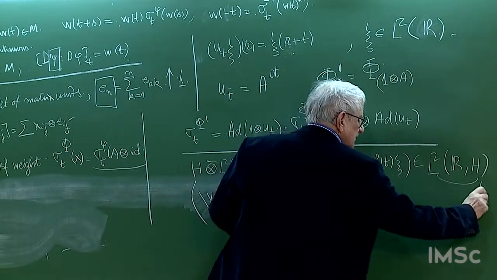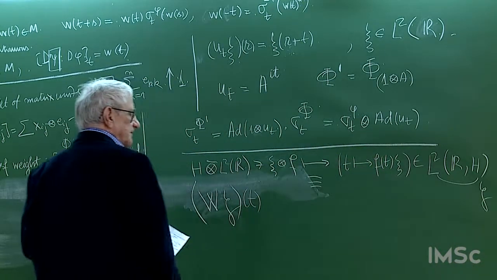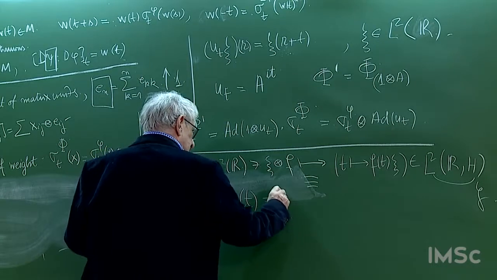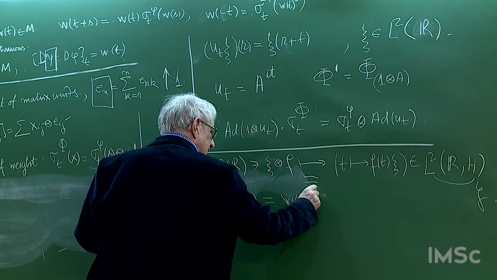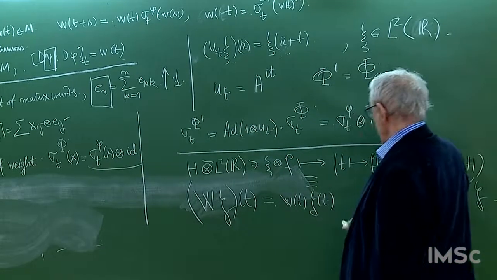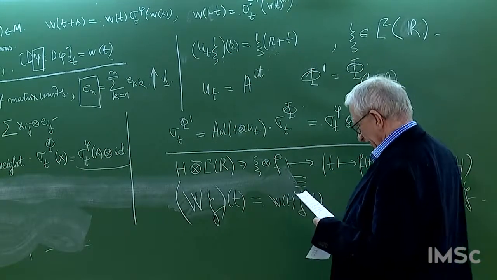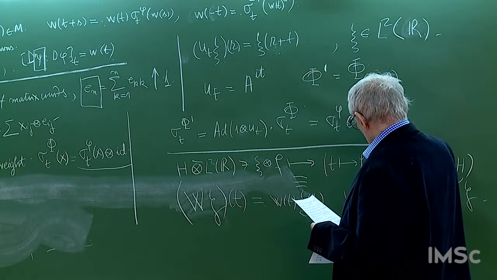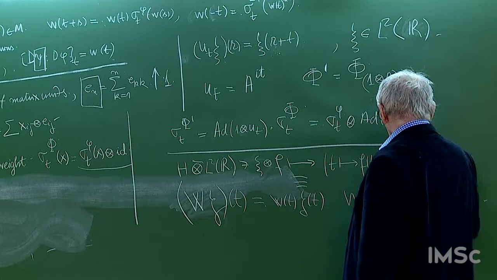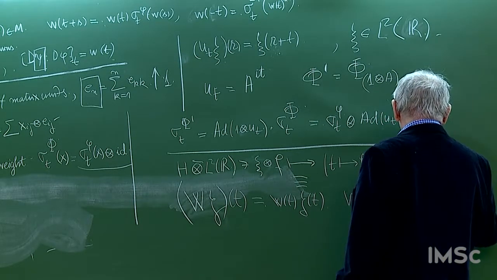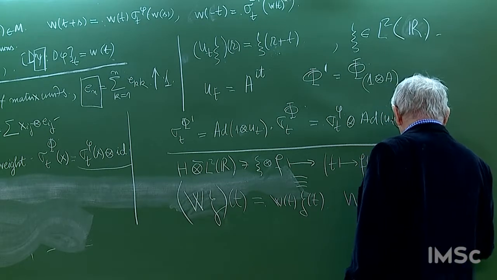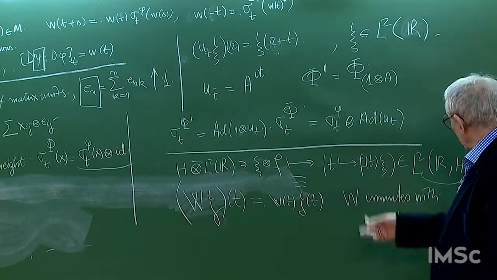zeta a value in here. W of zeta is equal to simply Wt times zeta of T. And this defines an operator W. W commutes with M prime tensor C. That's obvious.